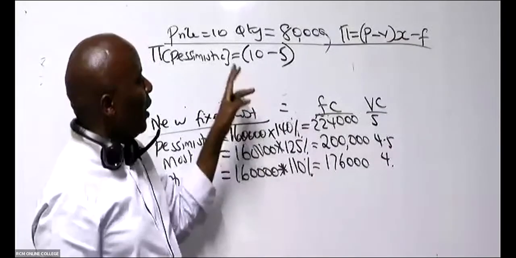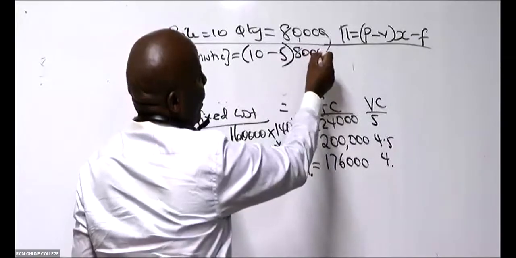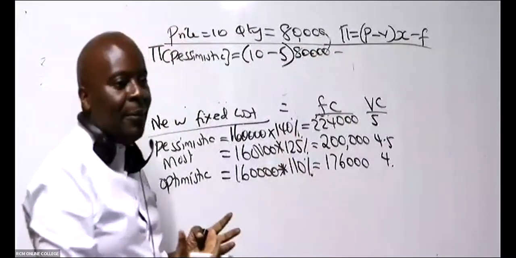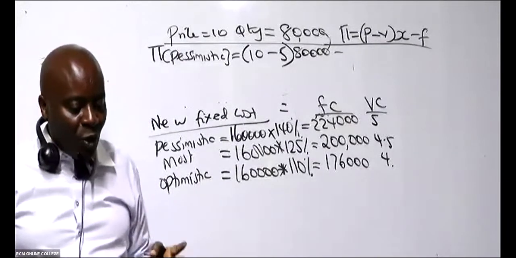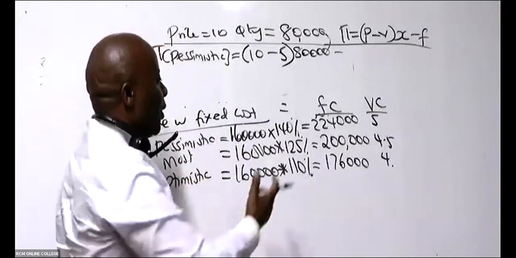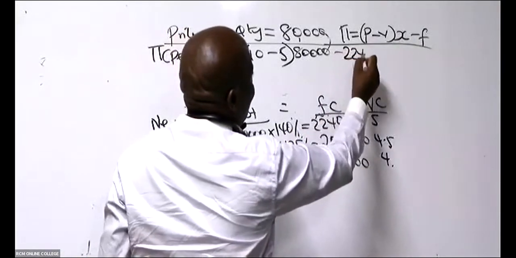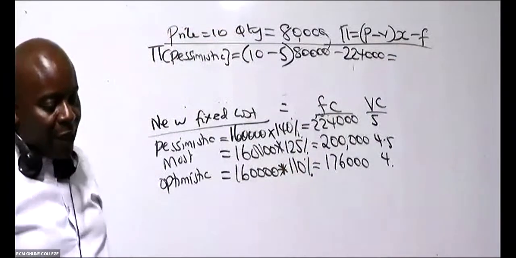You have said, if we charge a price of 10, the quantity will remain at 80,000. Do we know the pessimistic fixed cost? The online guys are not seeing it. Pessimistic fixed cost is 224,000.